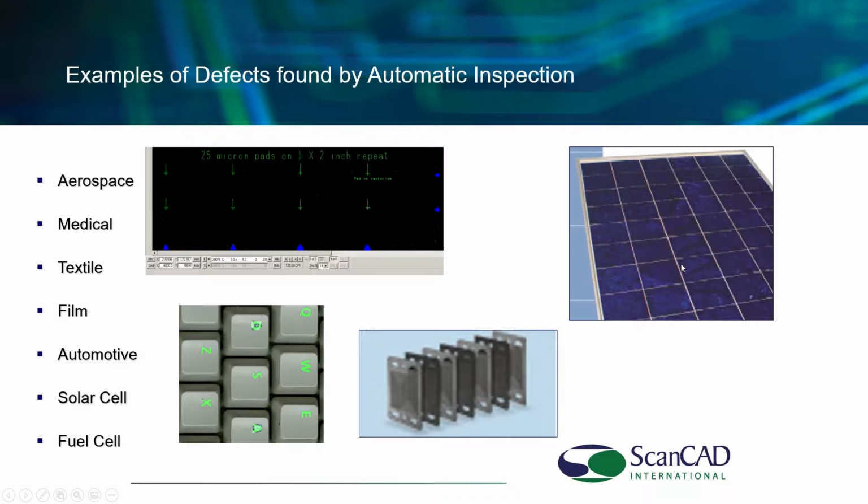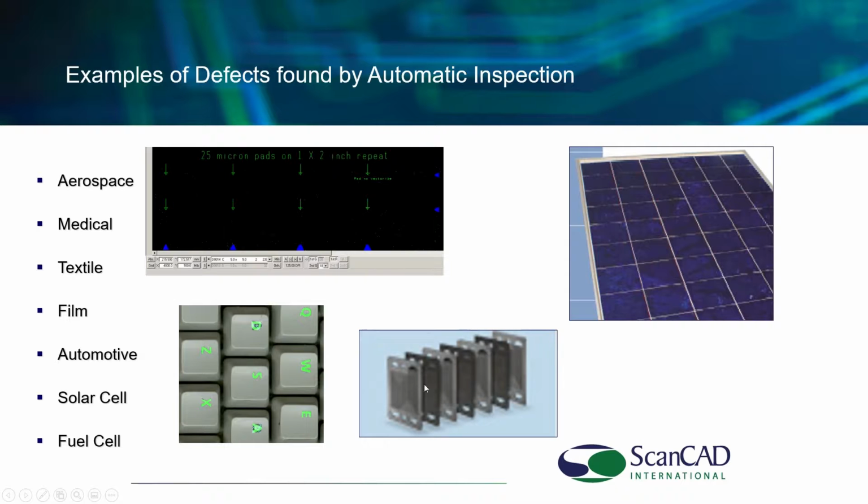In the photovoltaic environment, there are several processes that ScanCAD systems are used to inspect today. Because in most cases, they're printing conductive material onto the photovoltaic polycrystalline or monocrystalline materials. In some cases, they're using lasers to cut holes, and the ScanINSPECT systems inspect the laser.